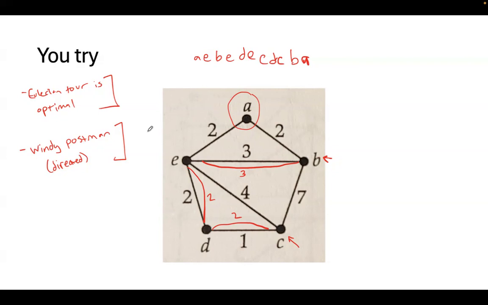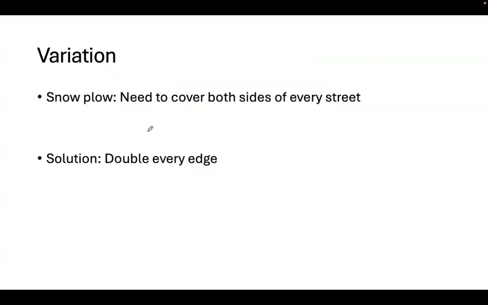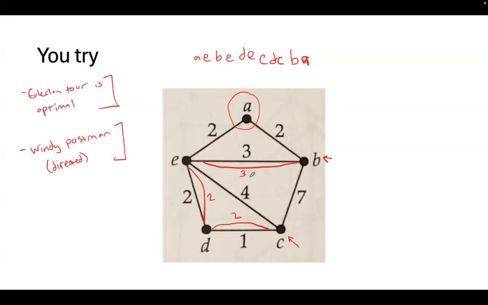You want to walk with the wind at your back. Another variation is the snowplow, where we need to cover both sides. So once we have this Eulerian graph, we just double the edges and then we're good to go.